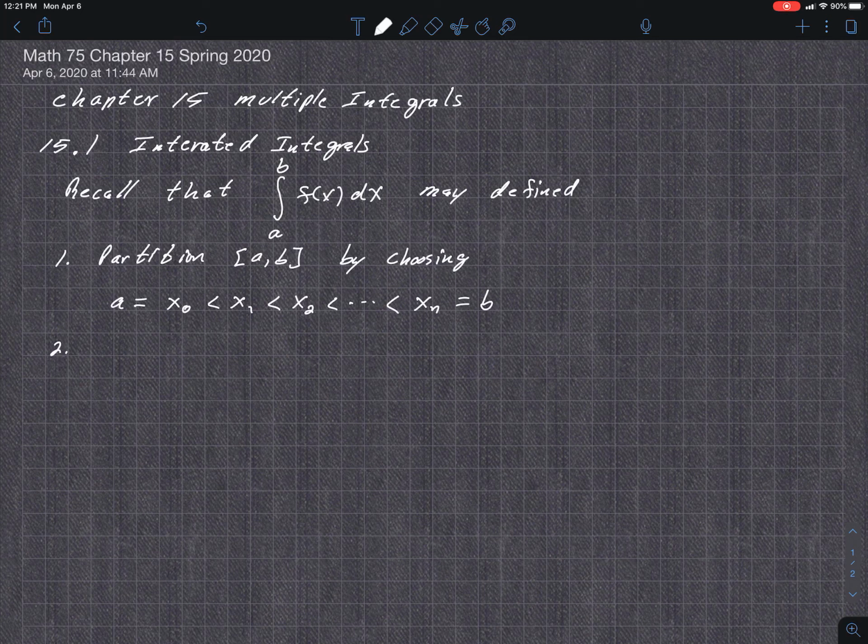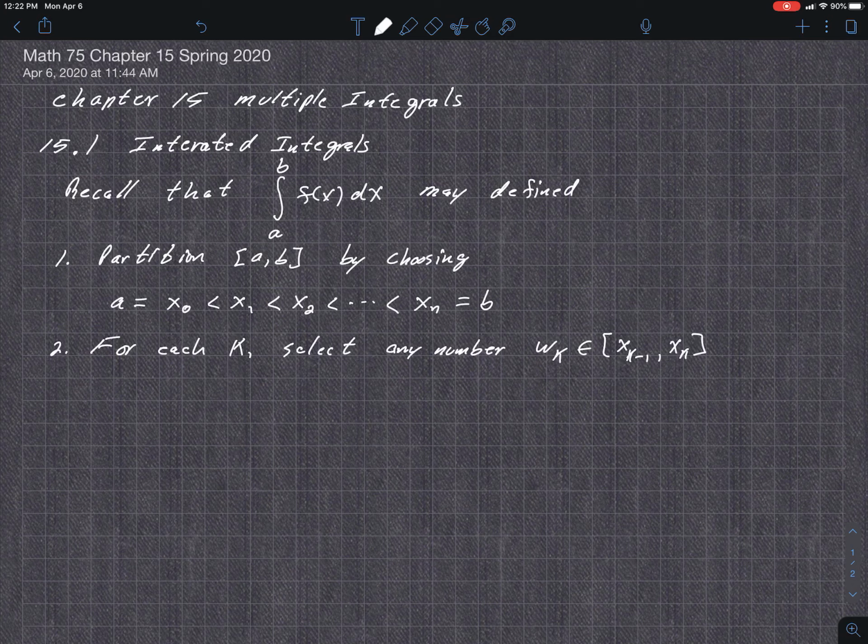So we do that partition, and then two, we say for each k, so it's an arbitrary interval in there, select any number w sub k in that interval.